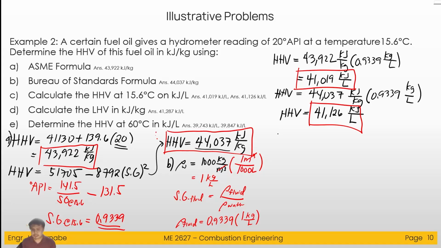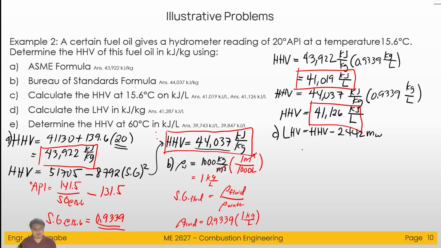And for letter C, I want to find the lower rating value. So for the lower rating value, that is the high rating value minus 2442, and then the mass of the water vapor.